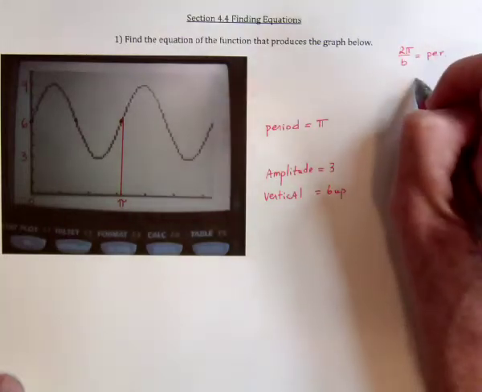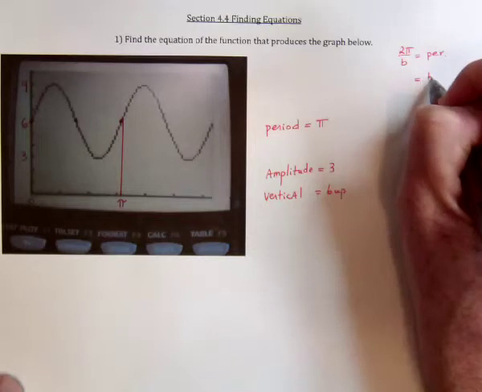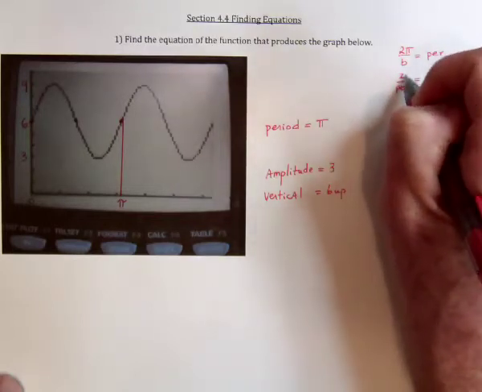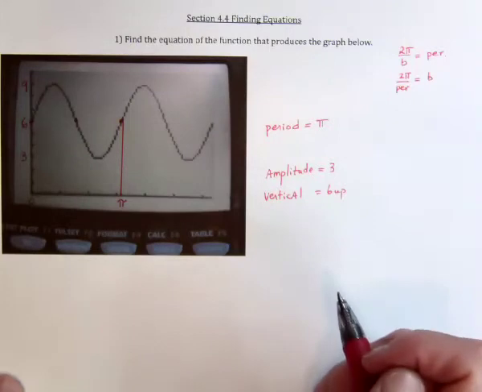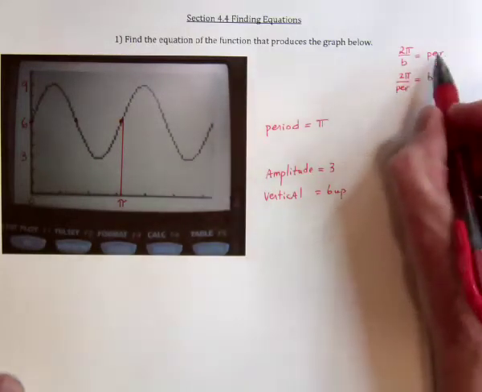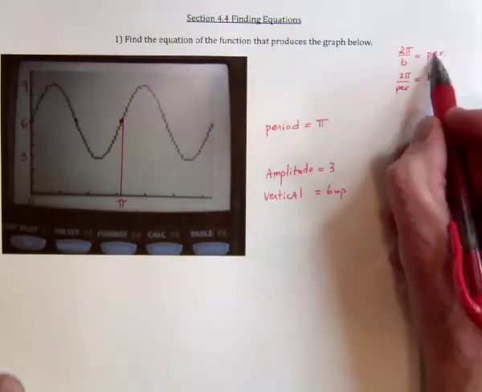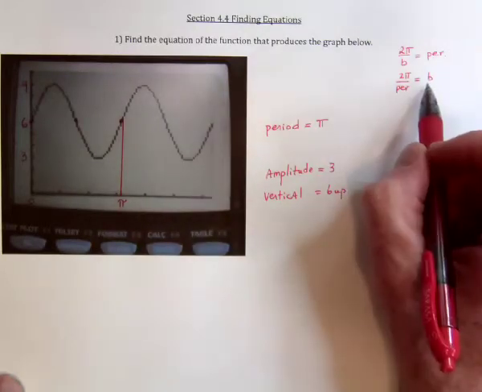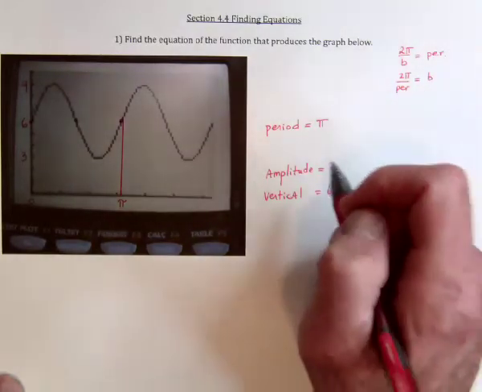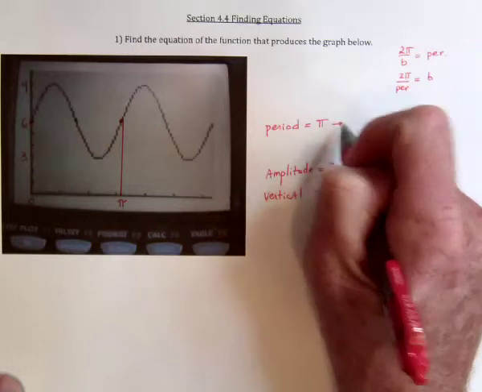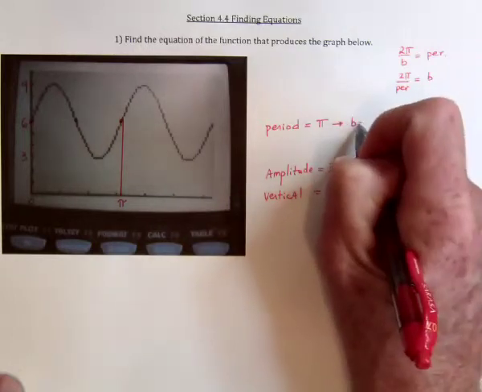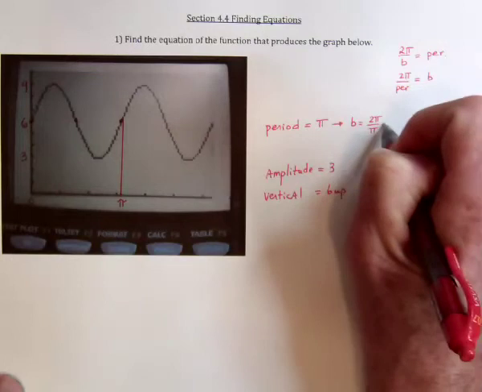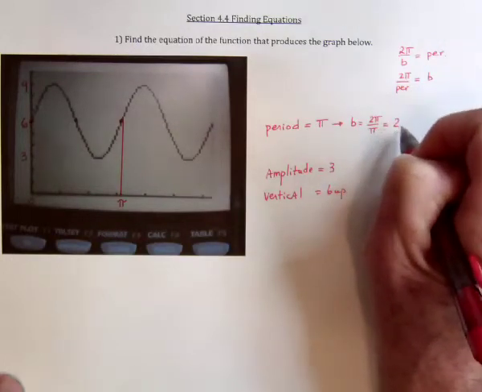Or if you multiply both sides by b and you divide by period, so in other words, cross multiply or have these two switch places. And so the b, the number that's supposed to be in front of x, is going to be 2 pi divided by the period. So in here, the b is going to be 2 pi divided by the period. So the number that was sitting in front of x was a 2.